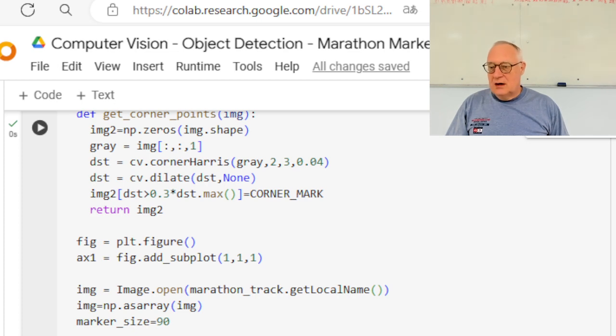So now I have the corner points. I just need to figure out how I want to paste them into the image.